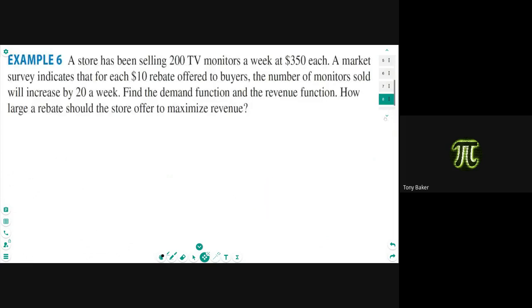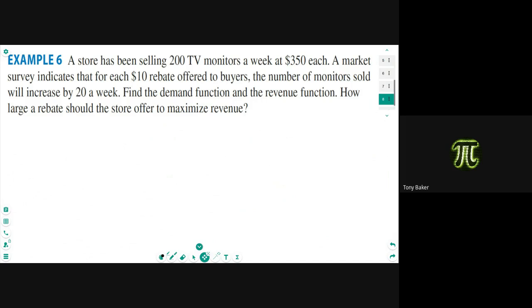All right, let's do one that's not geometry based. All right, so a store has been selling 200 TV monitors a week at $350.